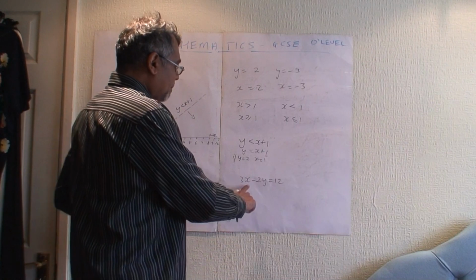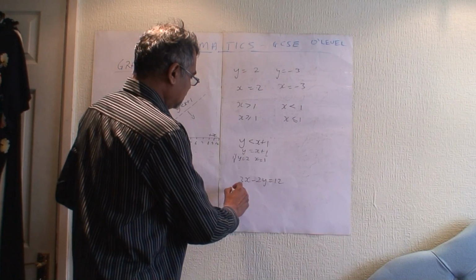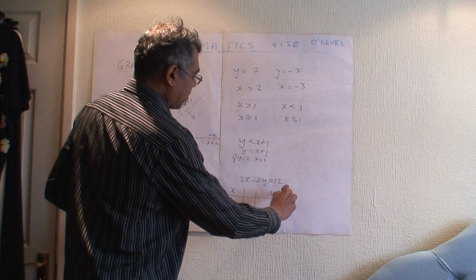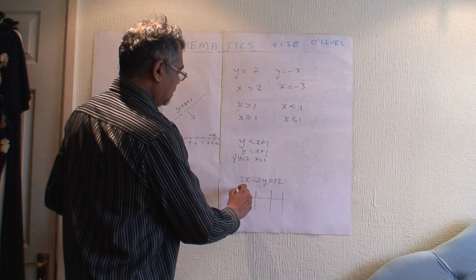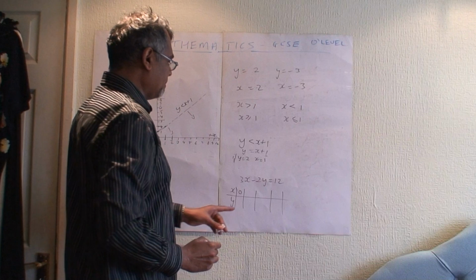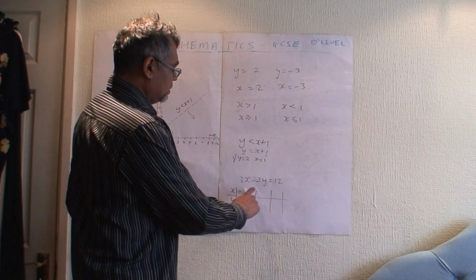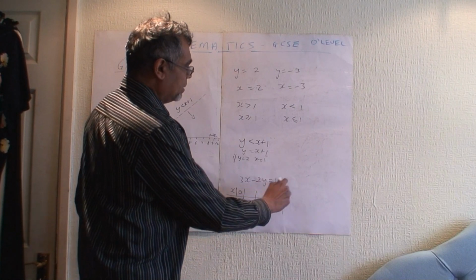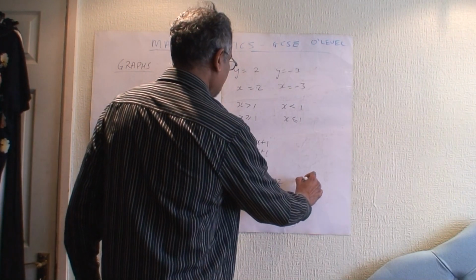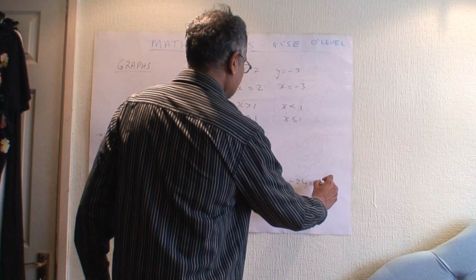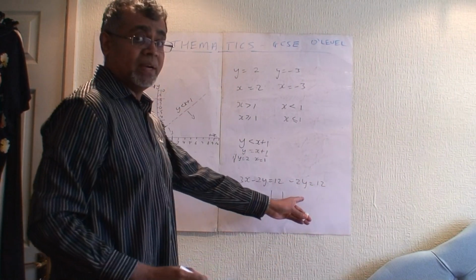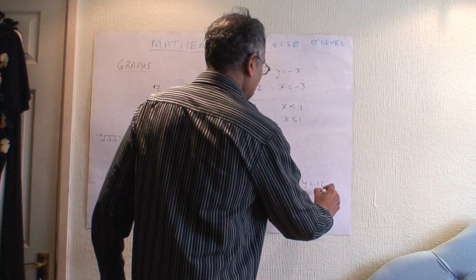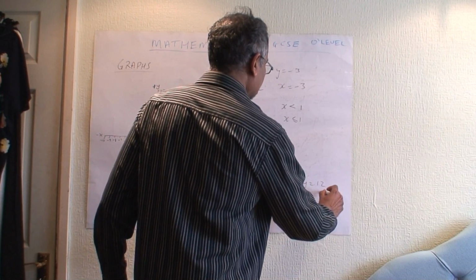Now if we say x is 0, you're going to have minus 2y is equal to 12. So divide both sides by minus 2.